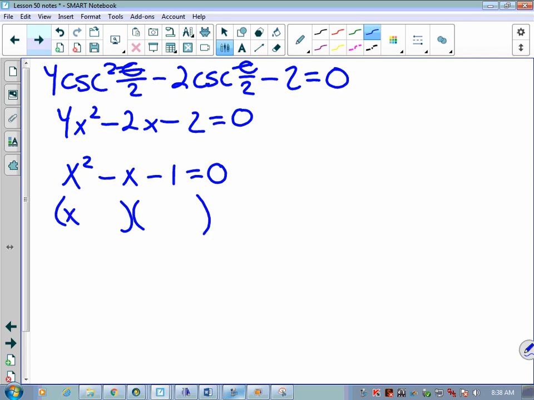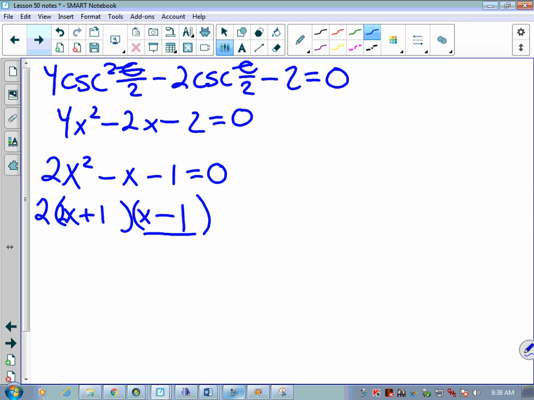Factor that down so we have just x. Oh, hold on. This is 2x squared there because we're dividing by 2, which gives me 2x plus 1, x minus 1. Okay.